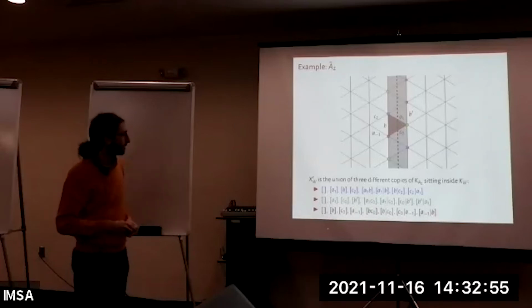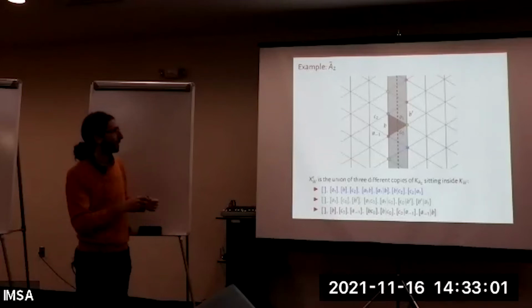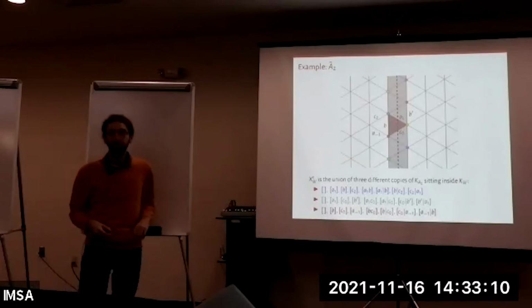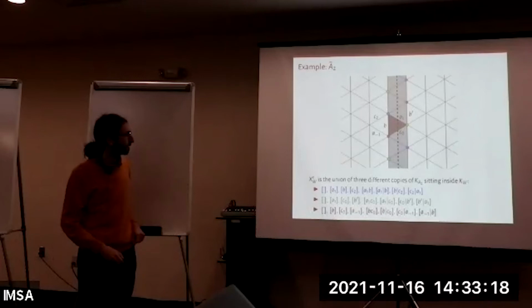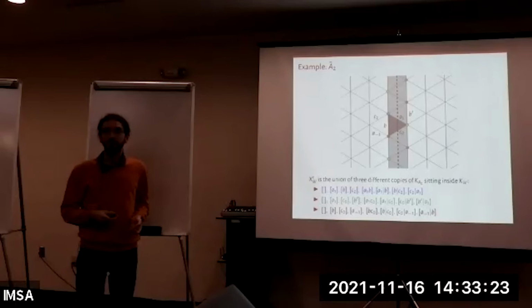So the blue and the green intersect in the complex coming from this reflection A1, for example, and same for the others, in the same way as the cells of the standard Salvetti complex intersect. And this is a finite subcomplex, as opposed to KW.